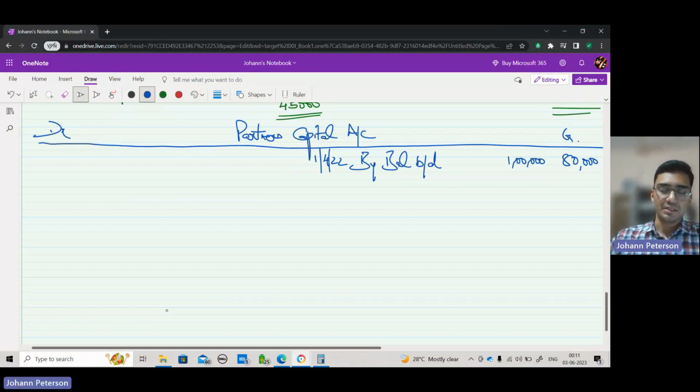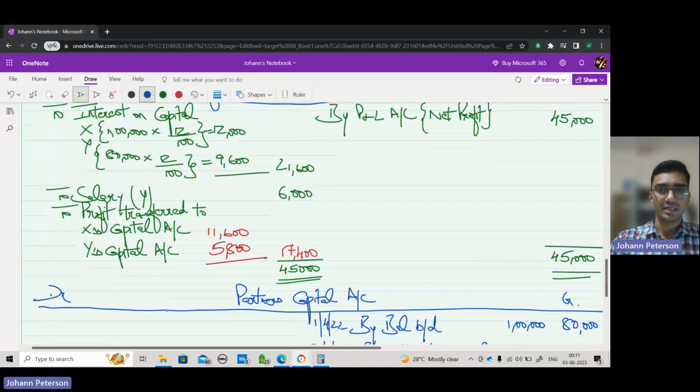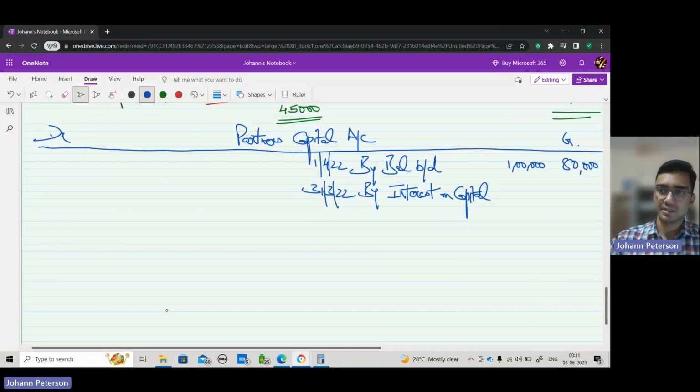After that, what happens? We give them interest. That's what we saw. So 31st March 22 by interest on capital. And how much did we give them? 12,000 and 9,600. So I'm going to write the same thing here.